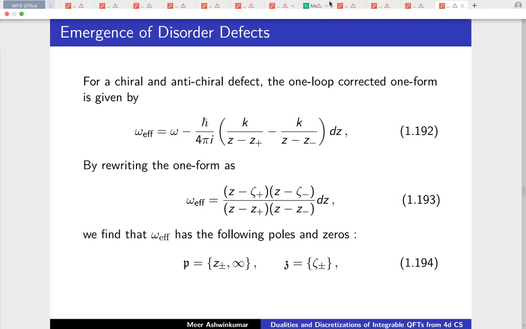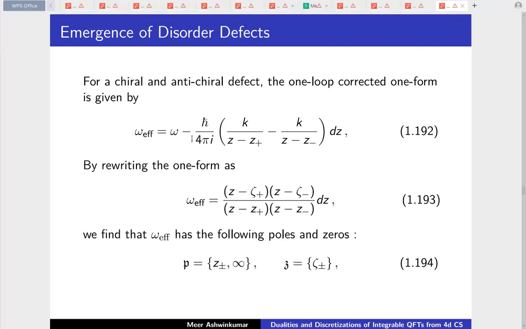The crucial physical implication is that whenever one considers order surface defects, one is eventually guided to considering disorder surface defects, because the anomalies associated with the order surface defects eventually led us to correcting the meromorphic one-form in such a manner over here, which can be rewritten as this. So the one-form omega_f can be rewritten in this form, where you now see that omega_f has poles at z_+ and z_-, and zeros at zeta_+ and zeta_-, right?